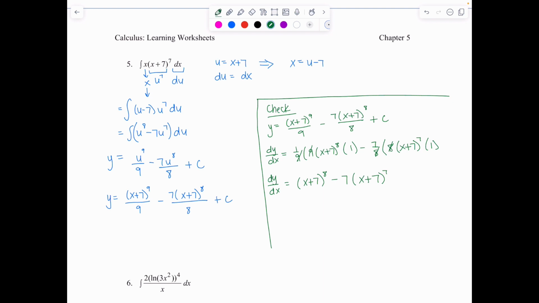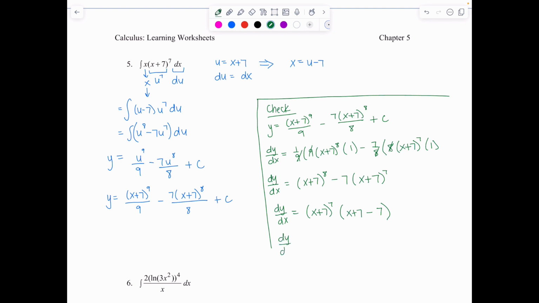And what we can do in this situation is factor out x plus 7. So if I pull an (x plus 7) to the 7th power out of each of these, then I'll have an x plus 7 left from the 8th power minus the 7 in front of the 7th power.